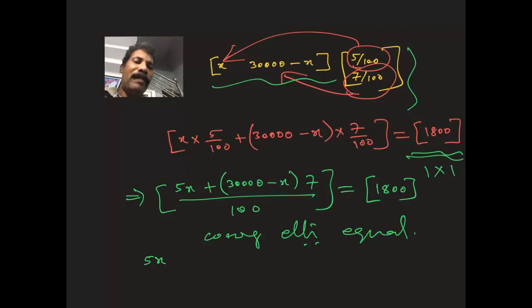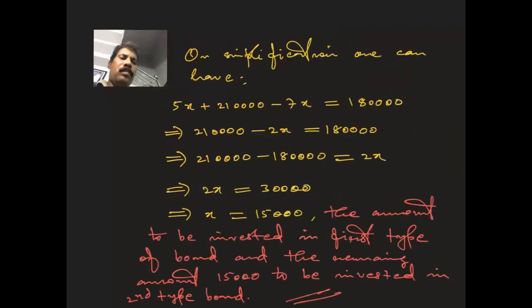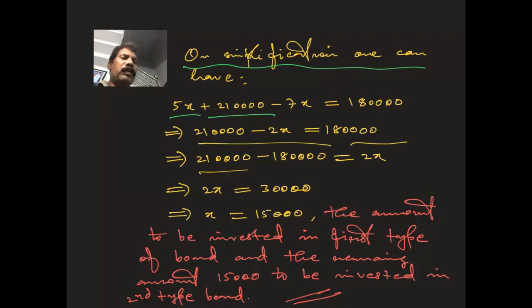Therefore 5x plus 30,000 minus x into 7 divided by 100 is equal to 1800. On simplification we get 5x plus 2,10,000 minus 7x is equal to 1,80,000, and then we simplify further to get x is equal to 15,000.